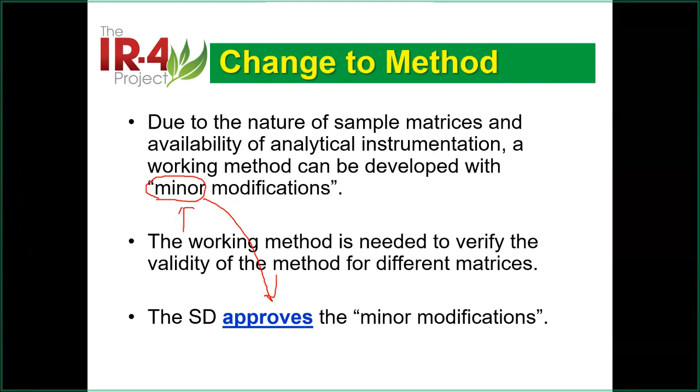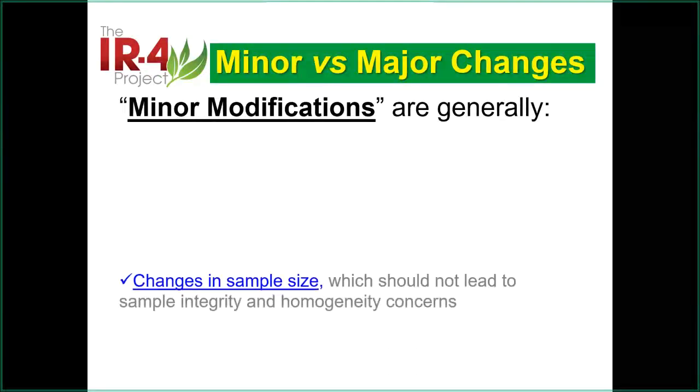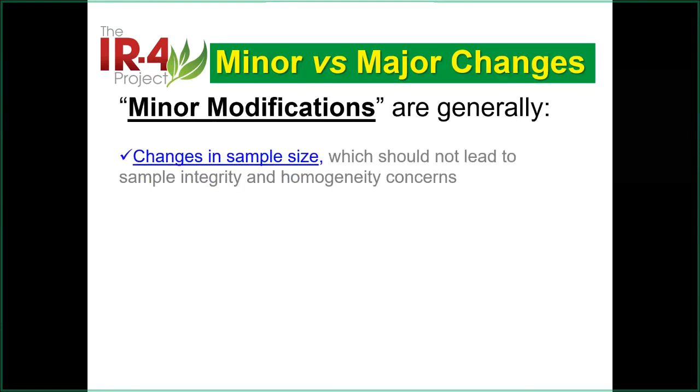For example, if we change the sample size, if you do the extraction from 10 grams to 20 grams, that should be fine. Unless you go to an extreme case: if the method says 10 grams and you go the opposite way to 1 gram, then that will be a problem because you may have a sample integrity, quality or homogeneity issue there.